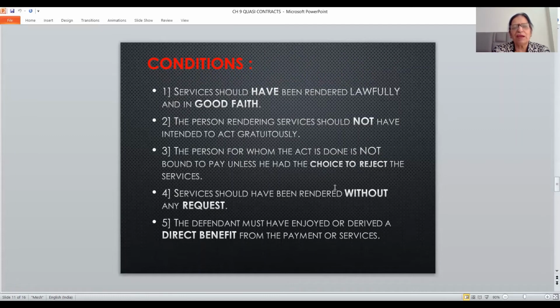Services must have been rendered on a voluntary basis. The defendant must have enjoyed or derived a direct benefit from the payment or services. So whatever services have been rendered, of course, we are presuming legal services, and the other person must have derived the benefit out of those services. Then only he will make the payment.